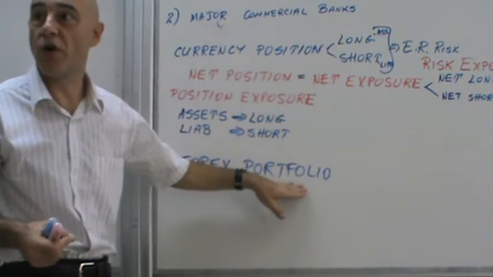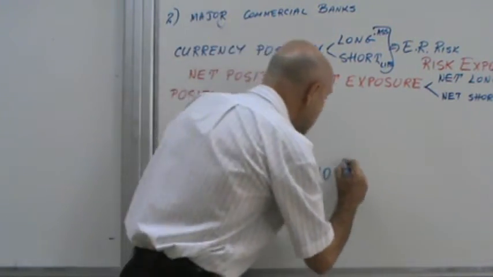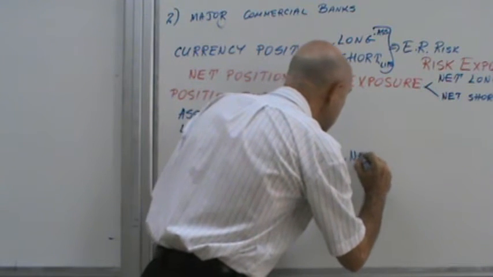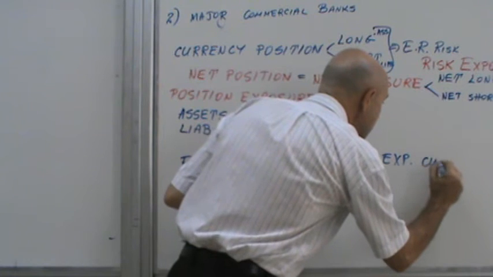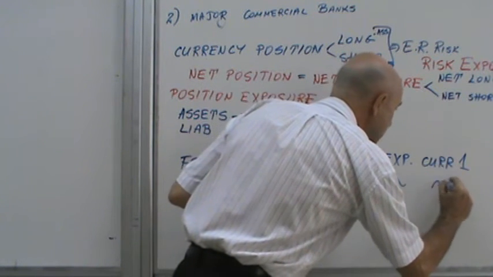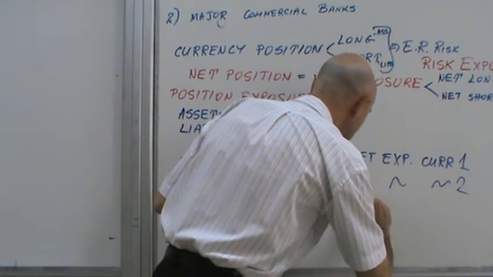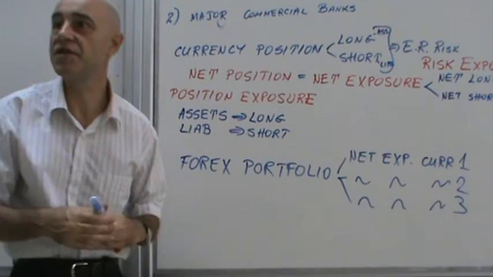So a portfolio will be simply a collection of net exposure currency 1, net exposure currency 2, net exposure currency 3, and so on.